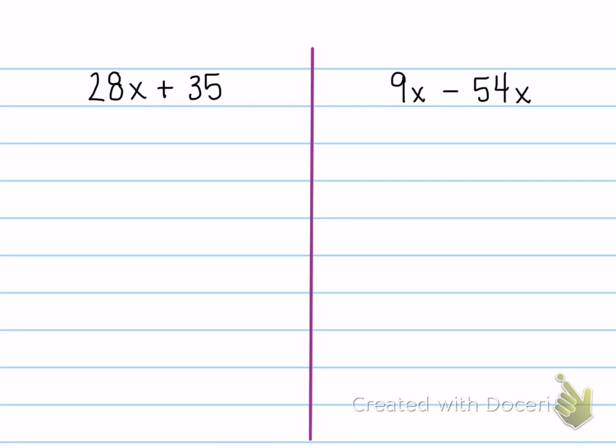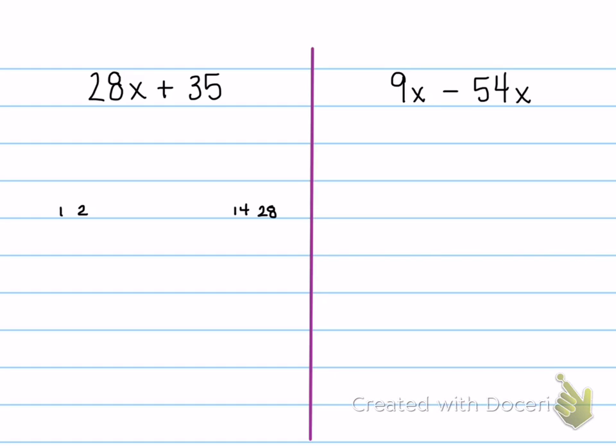28x plus 35. So we're looking at 28 and 35 and trying to find the biggest number that comes out of both of them. If I have 28, I know that 28 is 1 and 28. 28 doesn't go into 35. 2 and 14. 14 does not go into 35. 3 doesn't. 4 doesn't go into 28. 5 doesn't go into 28.